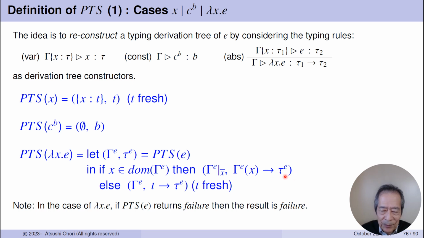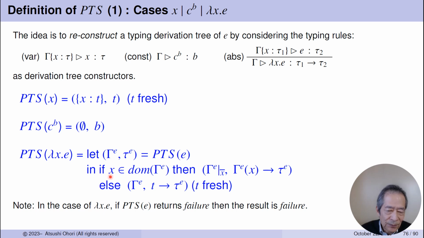And for the type, tau 1, which is in gamma E, corresponds to the domain part of this function type, and the result part of the function type is tau E. So if this is a principal typing, then this is a principal typing for this lambda term, right?